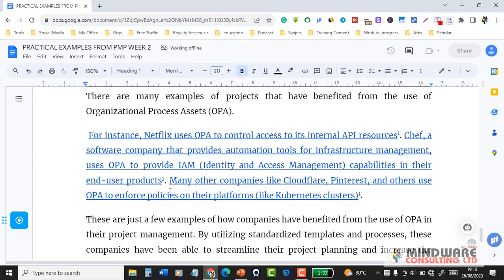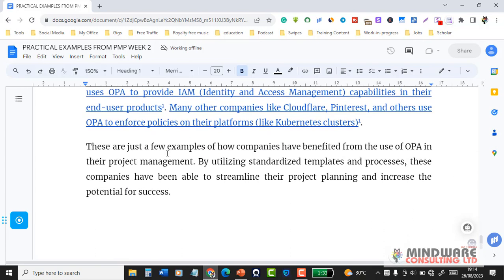Okay, so these are examples of companies that actually use organizational process assets. In the case of Netflix, they use it to control access to their internal APIs. Of course, you know that Netflix is a streaming company. Then there are others who use them for different things. So these are just a few examples.